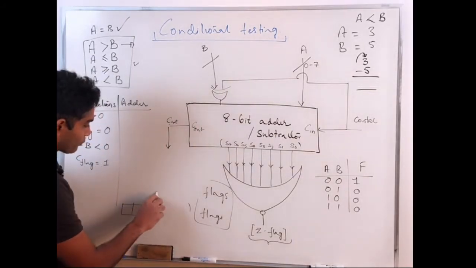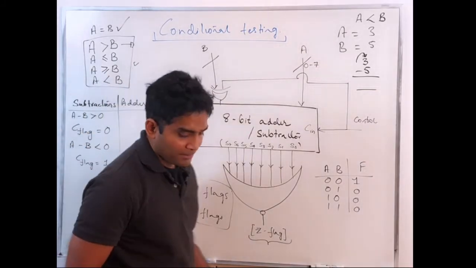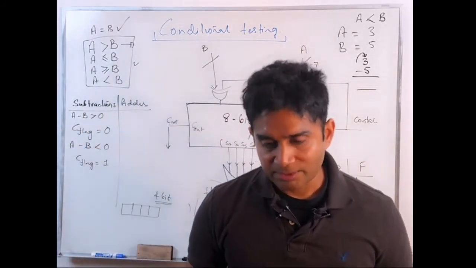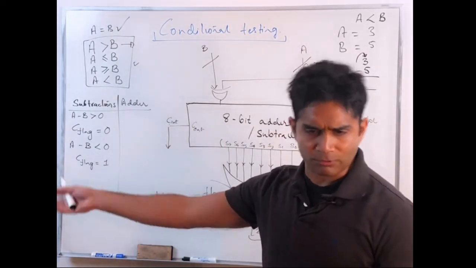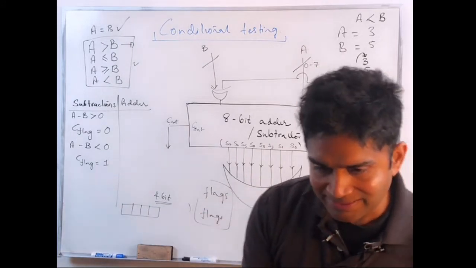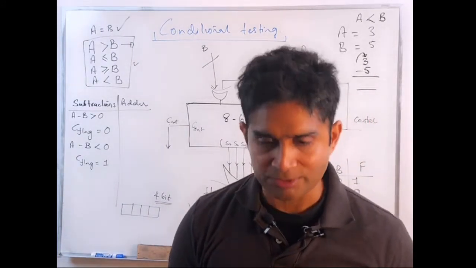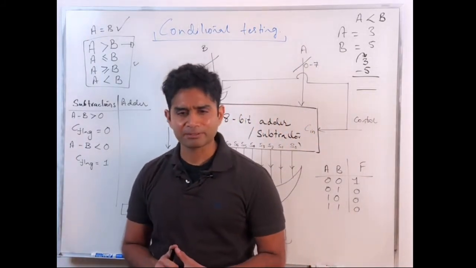Let's say I'm working with 4-bit numbers. When I'm adding two 4-bit numbers and the resultant sum cannot be stored in those 4 bits, I have an overflow. So what would be a good way of testing for overflow in this case, for unsigned numbers? Any suggestions here?